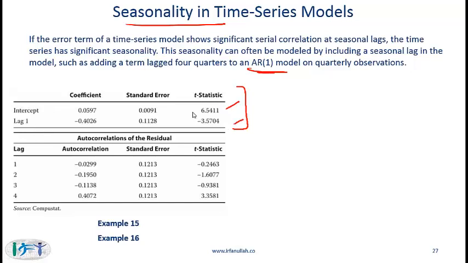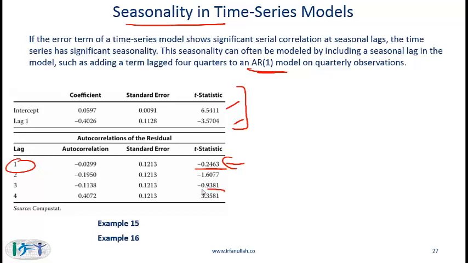They do, because they are significantly greater than 2. Does the correlation with the first lag look decent? It does, because notice here the t-stat is small, which means that you cannot reject the null hypothesis that the correlation is 0. And that's actually what you want here.